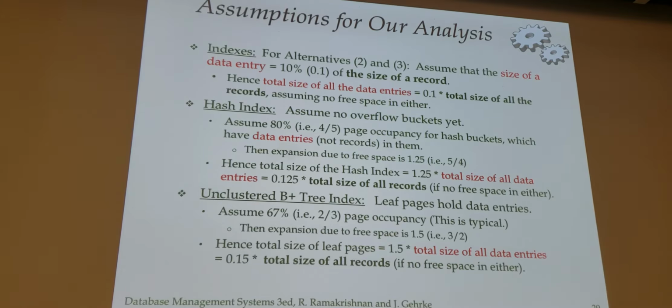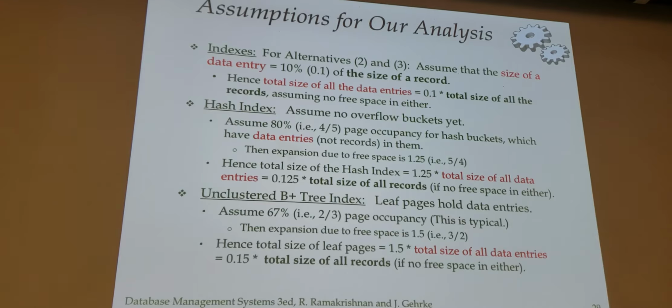If things are 4/5 full, then we have 5/4 as much space as what we would need if everything was jammed together. So the expansion factor is 1.25, 125%. And so the total size of the hash table is going to be 1.25 the size of the hash table if everything was jammed together with no free space.